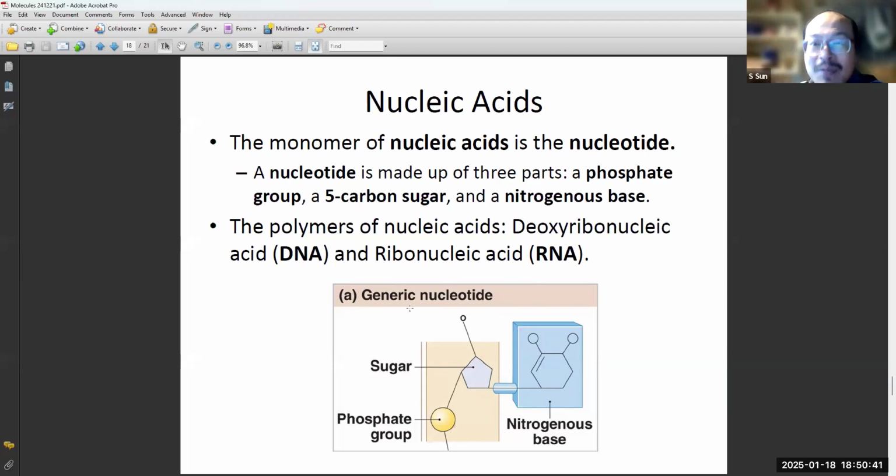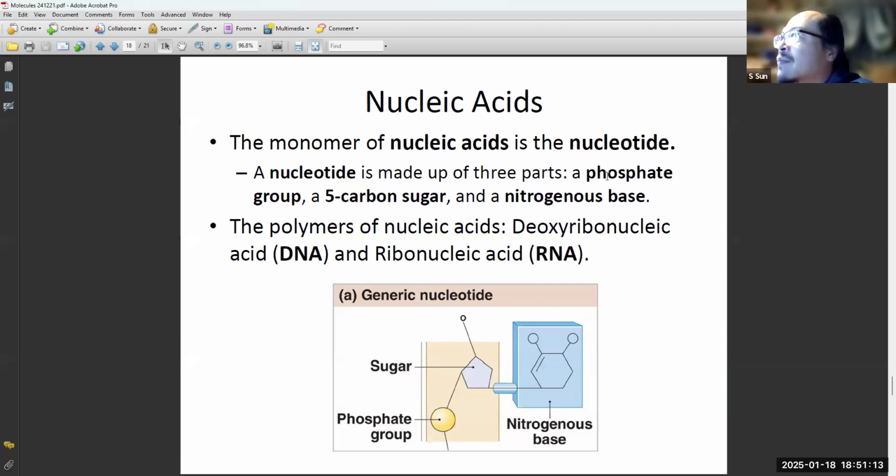There are multiple types of amino acids, and also there are multiple types of this monomer, just like multiple types of sugar: glucose, galactose, fructose, right? Those are multiple forms of the monomer, monosaccharides. Same thing here. You have multiple forms of this monomer, the nucleotide. Two of them put together, multiple of them together become the polymer.